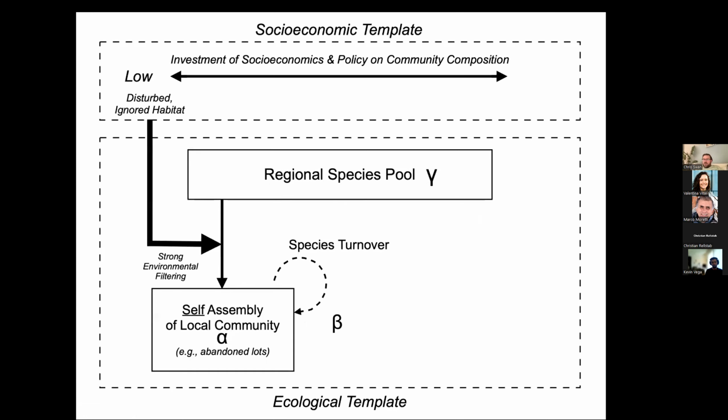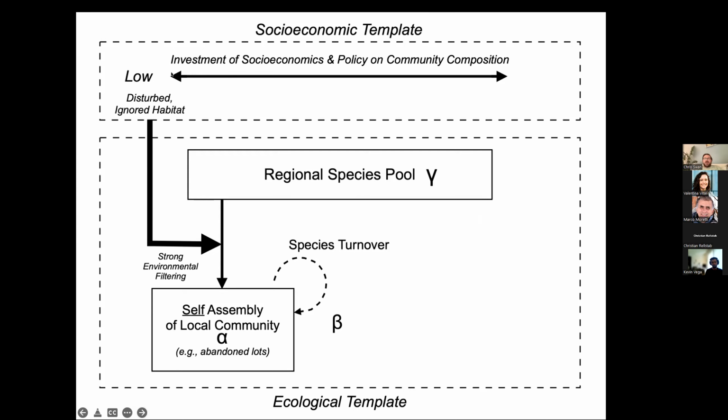Well, if you place this into an urban context, things become a little more complicated. You can separate the ecological template here at the bottom from a socioeconomic template up top, where strong environmental filtering is imposed by the socioeconomic template.